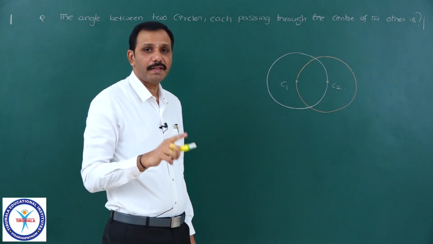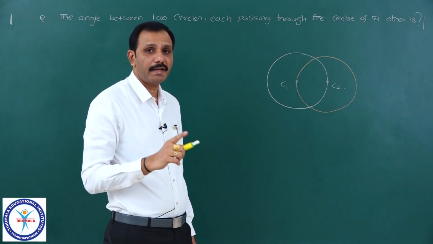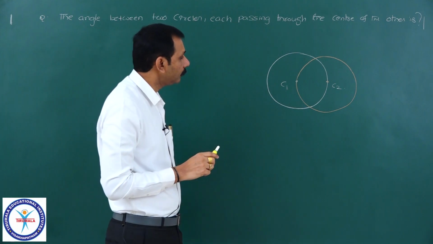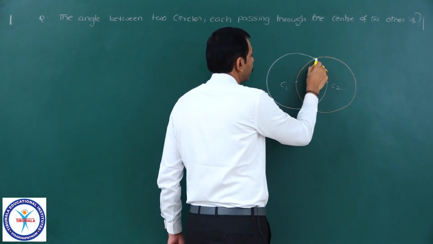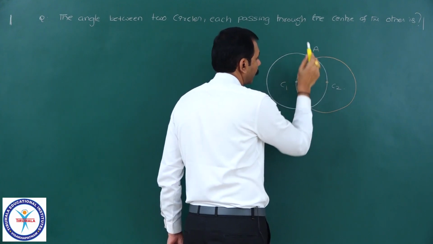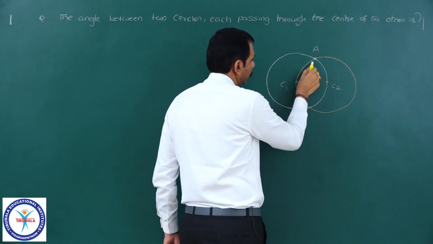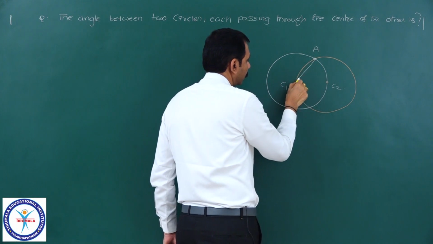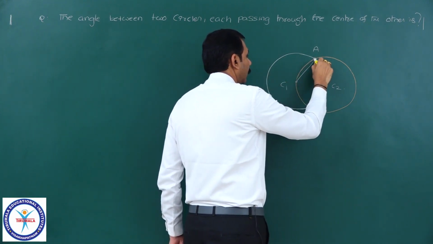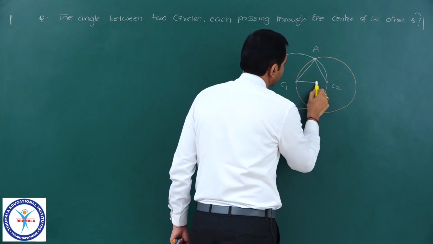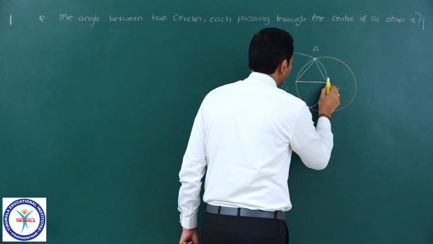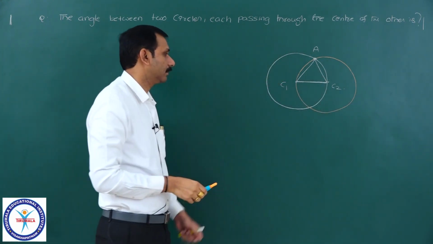We know the angle between the circles is defined as the angle between their tangents. Let me take the point of intersection as A. Now this is a radius of the first circle, this is a radius of the second circle, and this is the line joining the centers.